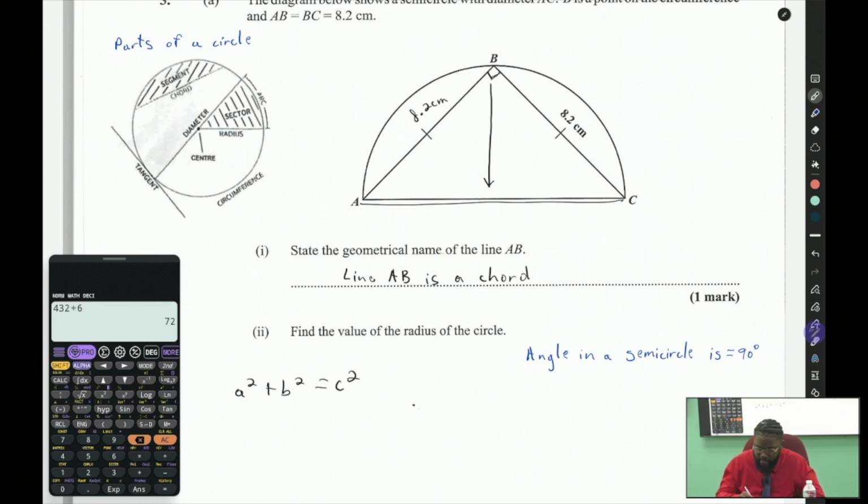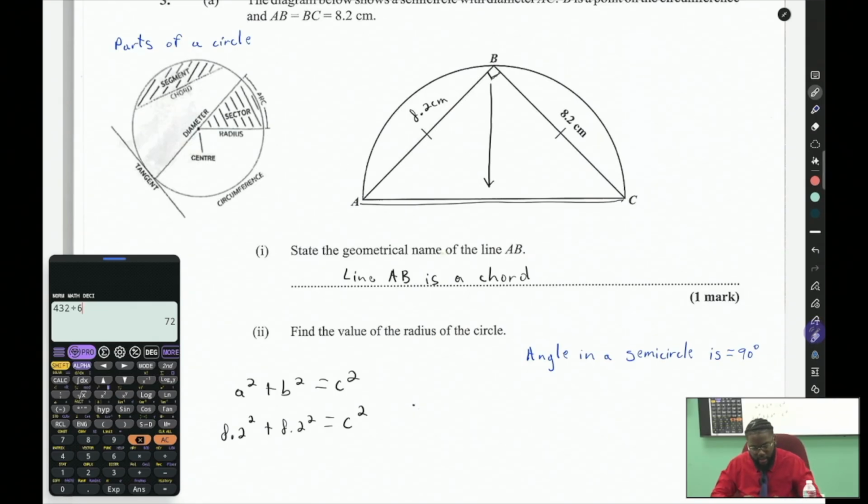So that means that AC would be our c squared. All right, well, it would be the c in the c squared. And then the 8.2 would be the a and the b. So we're going to have 8.2 squared plus 8.2 squared equal to c squared. All right.